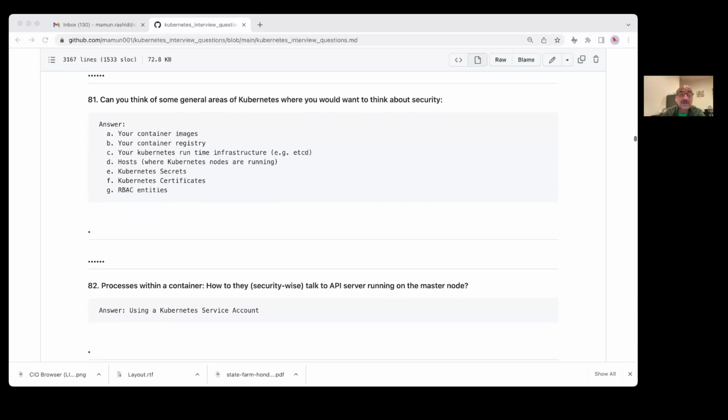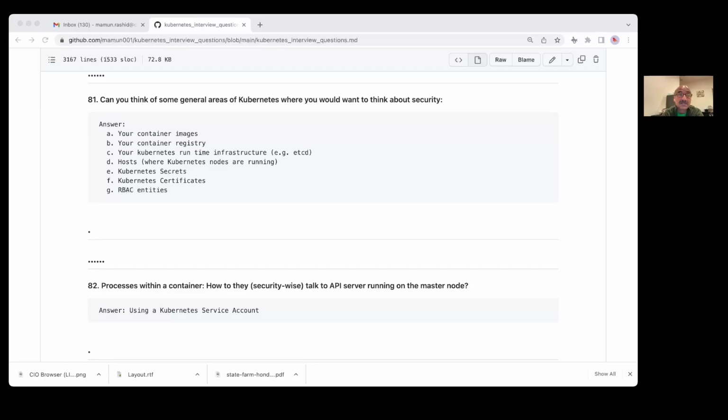Can you think of some general areas of Kubernetes where you would think about security? This can last all day, but here are some of the areas you should look at. Container images we already looked at, the registry, and the infrastructure that it's saved on. For example, etcd, the configuration database. What about the host that's running the clusters?